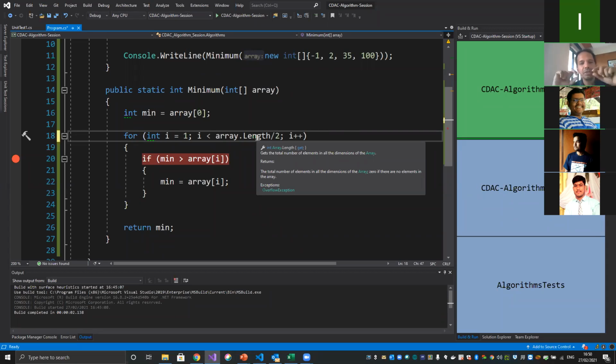Okay, so Vikas, when I asked you to define linear, you said if the iteration starts from the first element and goes till the very last element, then we call it a linear algorithm, right? Did I get you right? Yes.